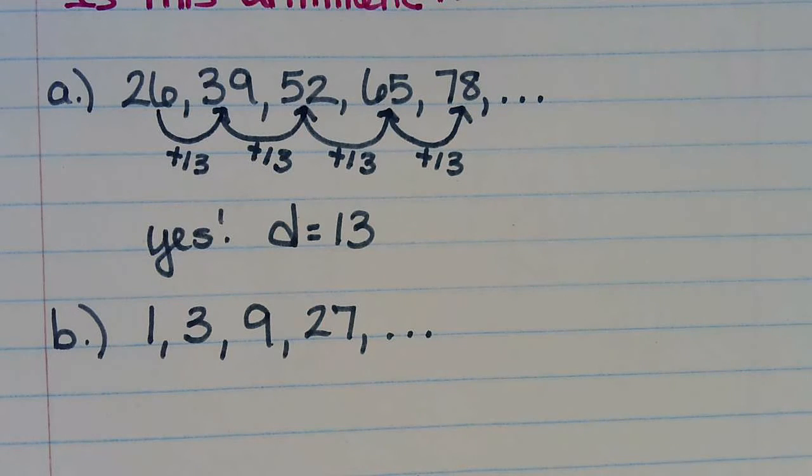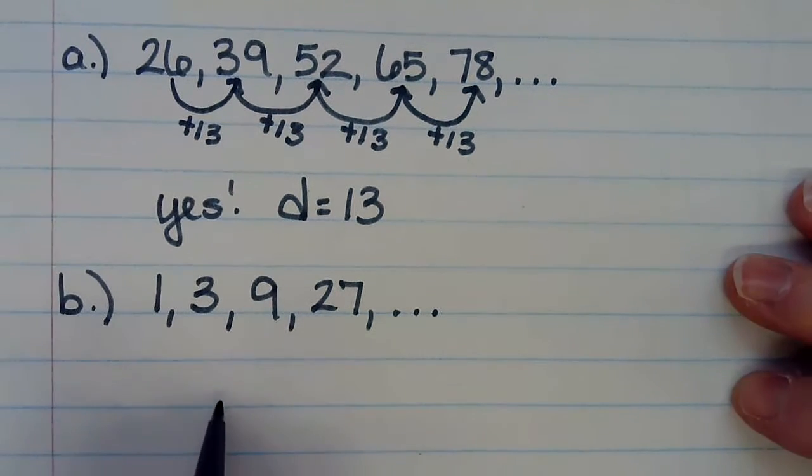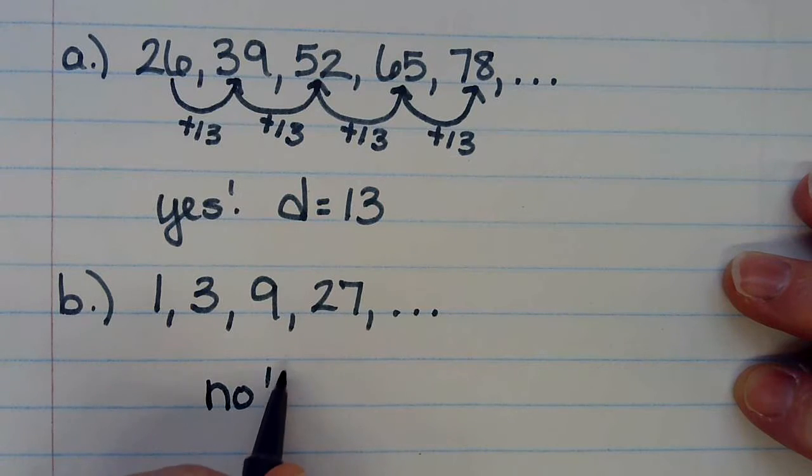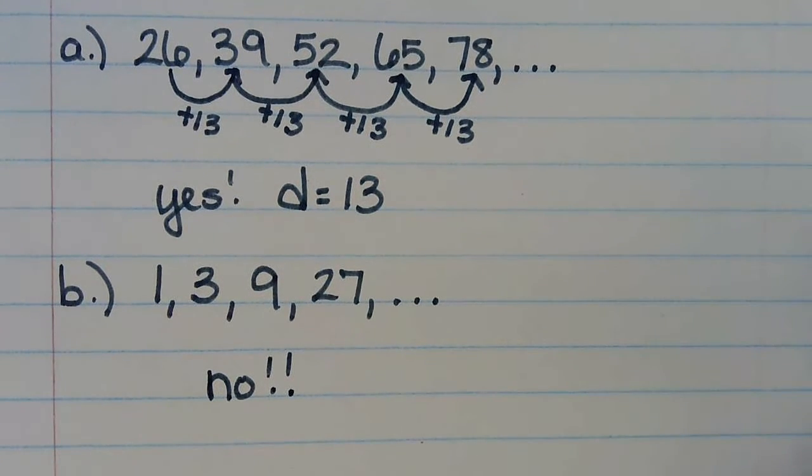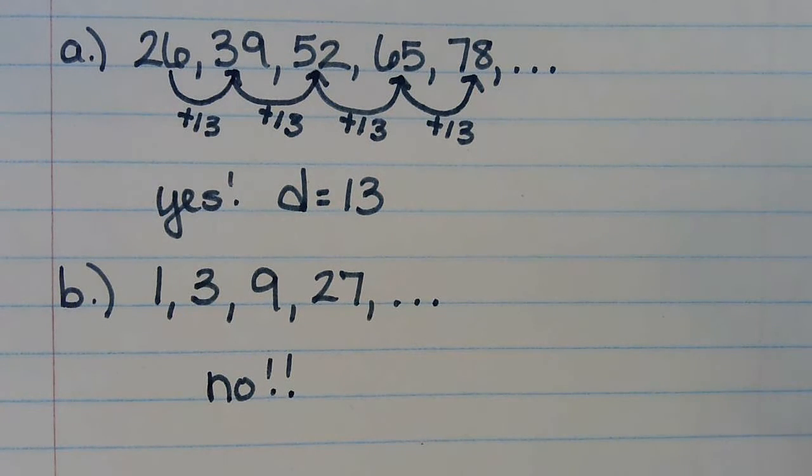No. Why not? What is the pattern though? There is a pattern going on here. Timesing by 3. So this is where you have to be careful. You're going to find some that do have patterns, but we are timesing by 3. These patterns today can only be add or subtract.